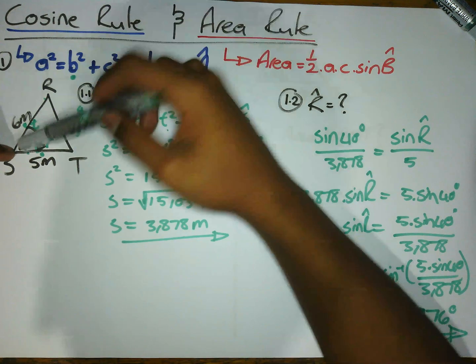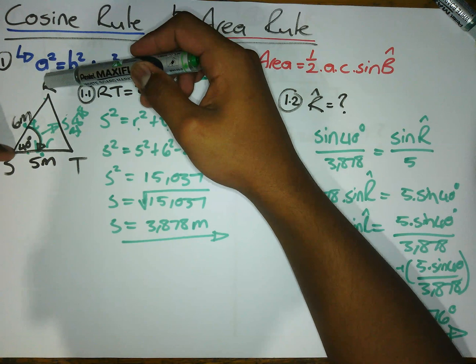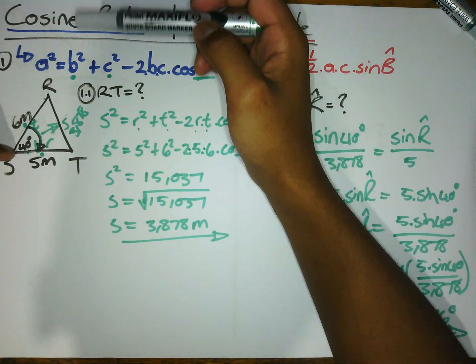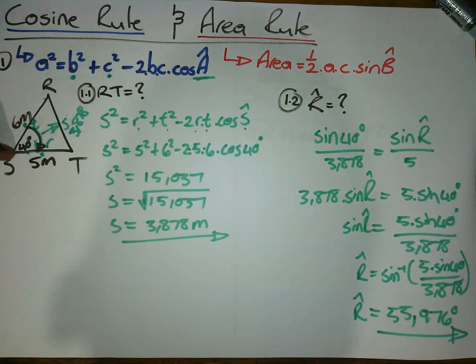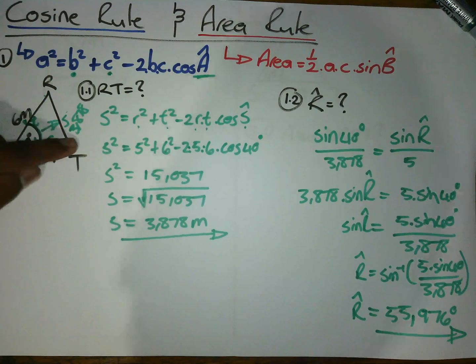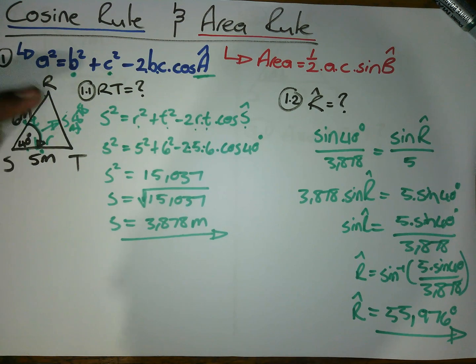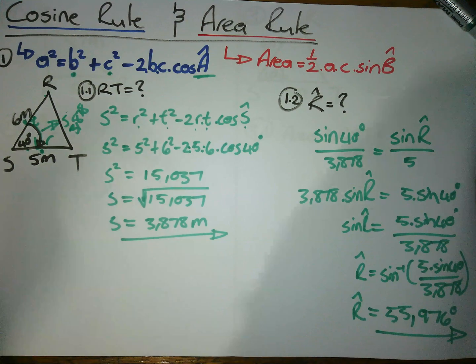You need that angle to calculate the length of the side you don't have. The side you are looking for, the angle will be given always, and the angle will always be opposite to the side you are looking for.